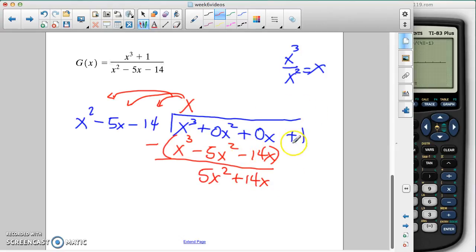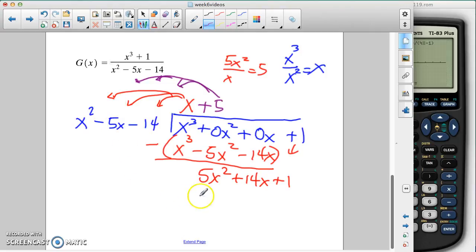And then we bring down our 1, and we divide one more time. So then what we do is we take our lead term here, 5x squared, and our lead term there, x squared, and we divide, we get 5. So this is going to be a plus 5 here. And we distribute. So we're going to distribute 3 times.